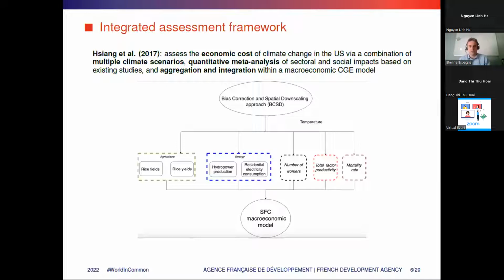And of course, in our case, we will be using what we call an SFC, stock flow consistent macroeconomic model.